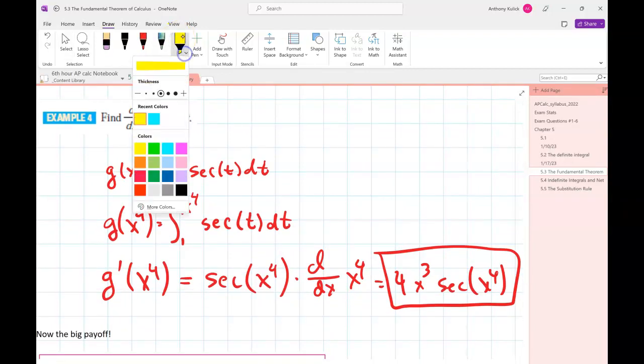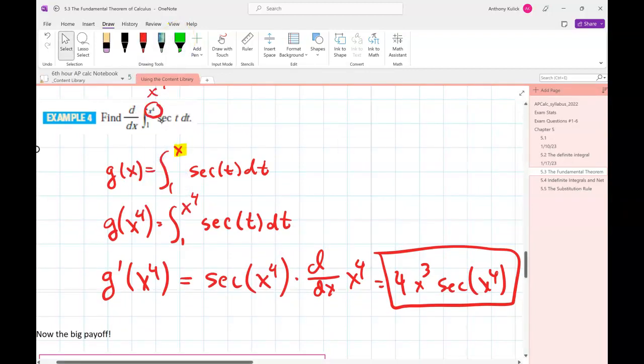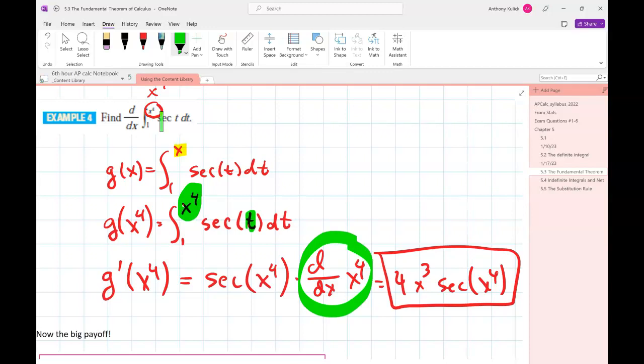So again, examine what happened here. To do this derivative, all I did was take the upper bound and plug it in, and then multiply by the derivative of that upper bound. Elvis?